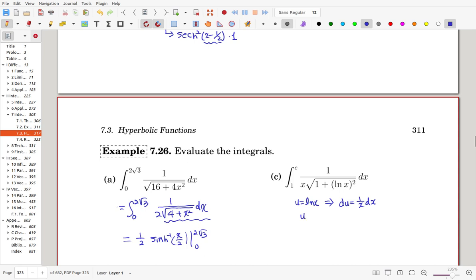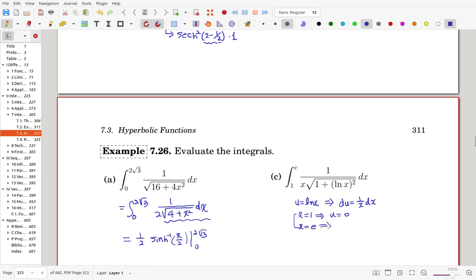Now, the lower bound of x is 1. Then here, logarithm 1 is the same as 0. And now, x is e.